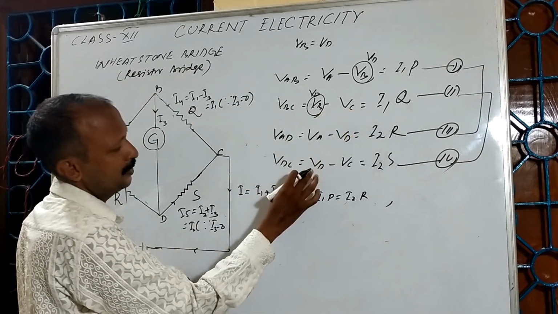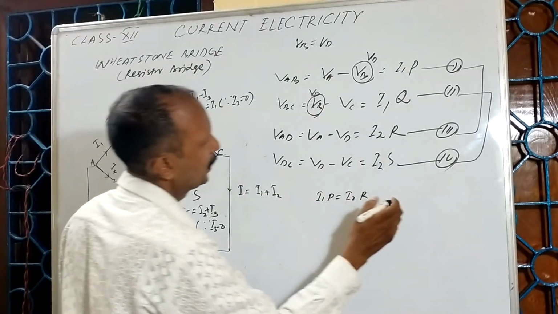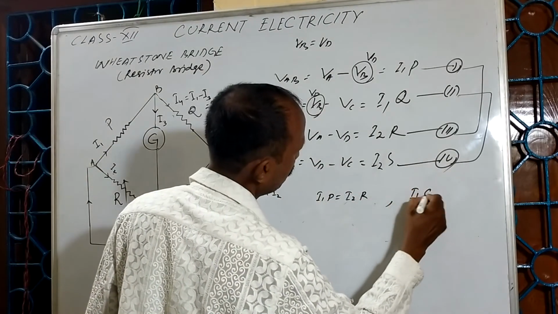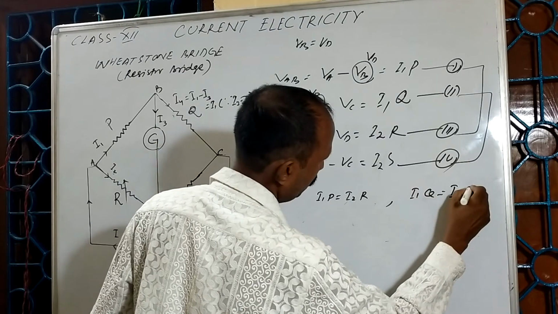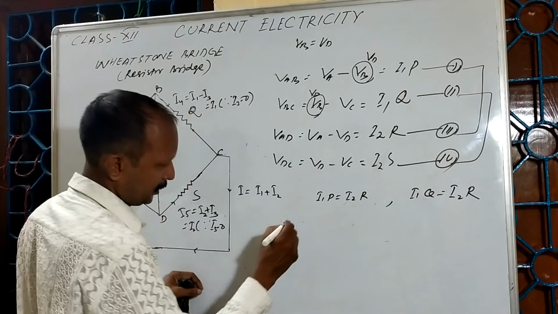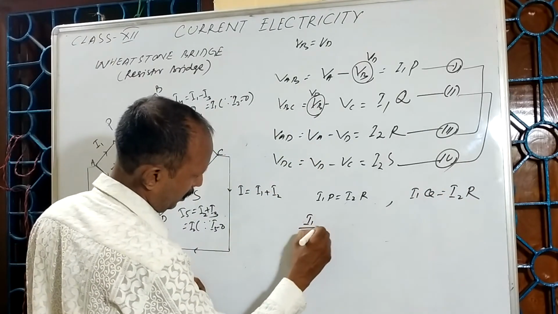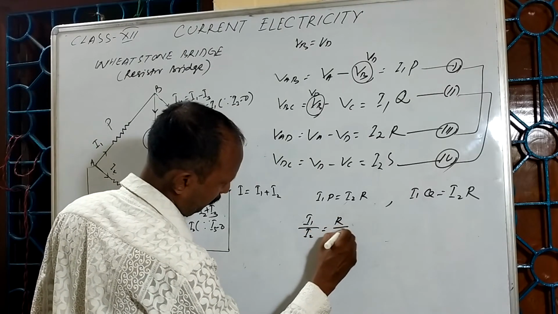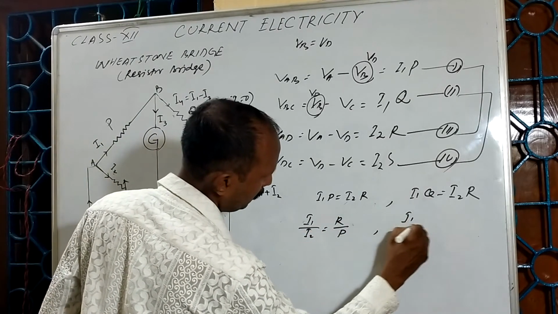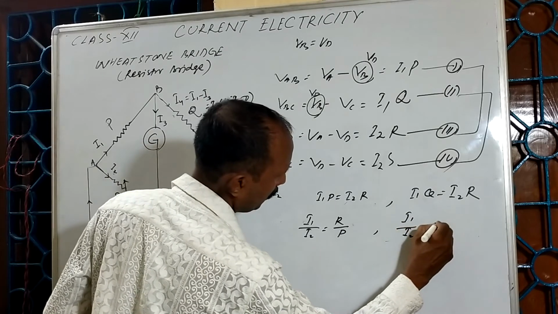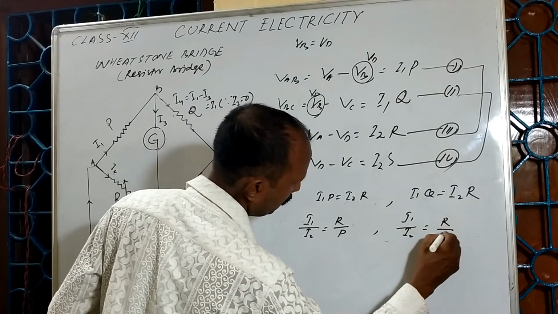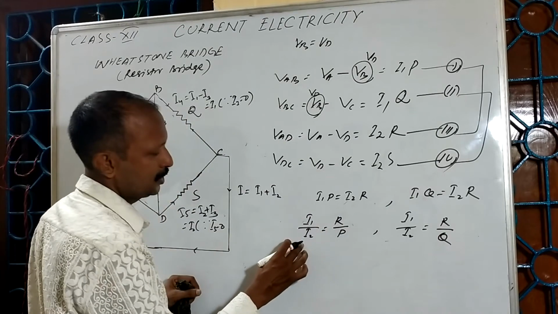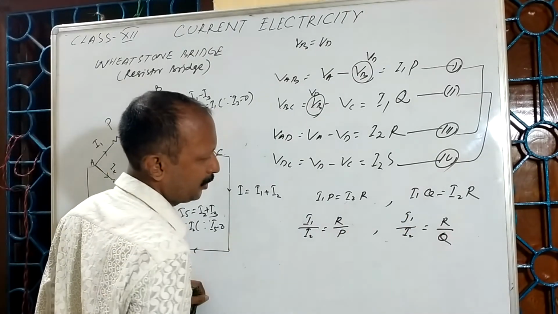VD minus VC, this is also VD minus VC. That means I1Q is equal to I2S. Or I can say that I1 divided by I2 is equal to R by P, and I1 by I2 is equal to S by Q.